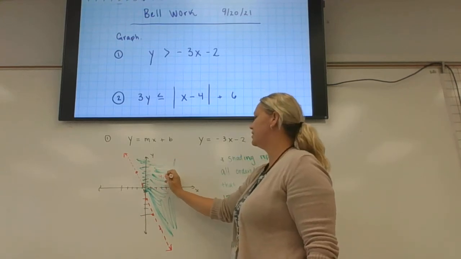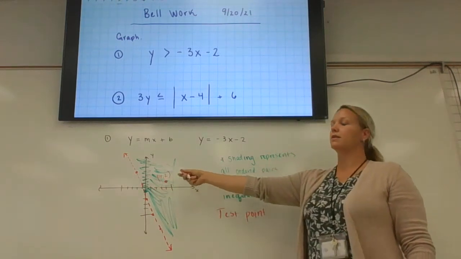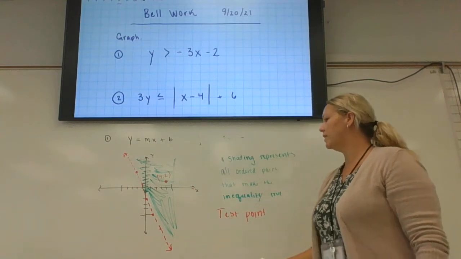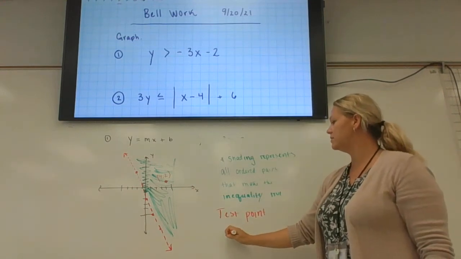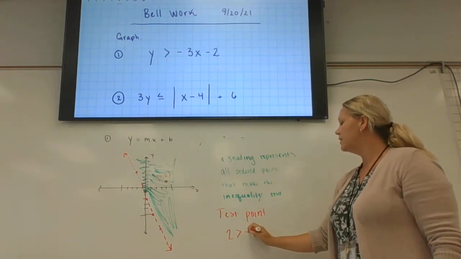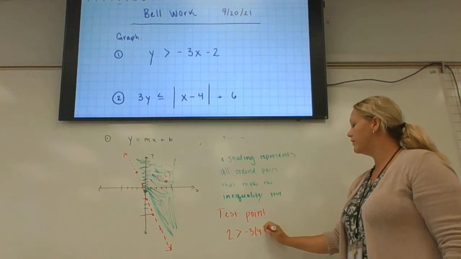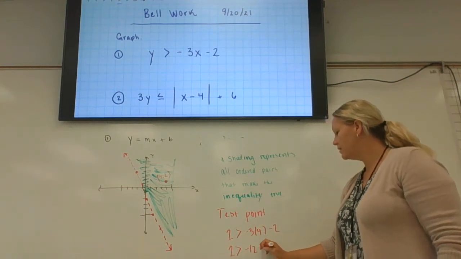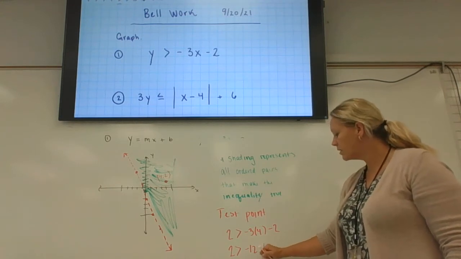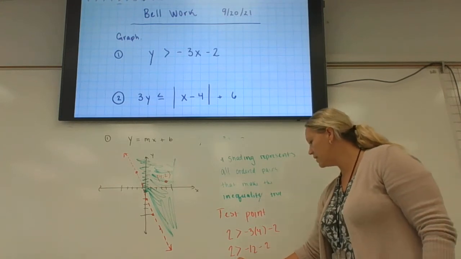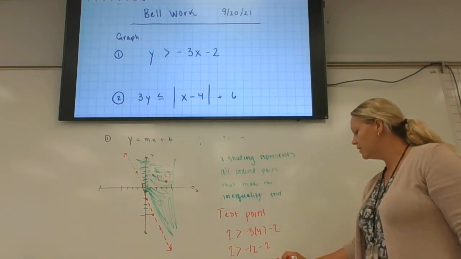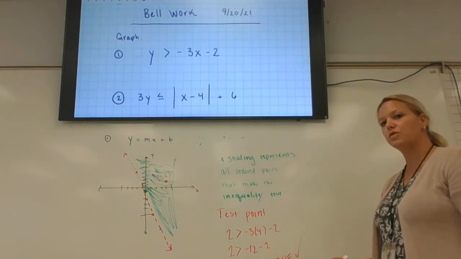If I have shaded correctly, when I plug this x and y in, for the inequality, it should come out true. So I put a 2 in for y and a 4 in for x, and I can just test it out. And I think it's 2 greater than negative 14. Sure is. True enough.